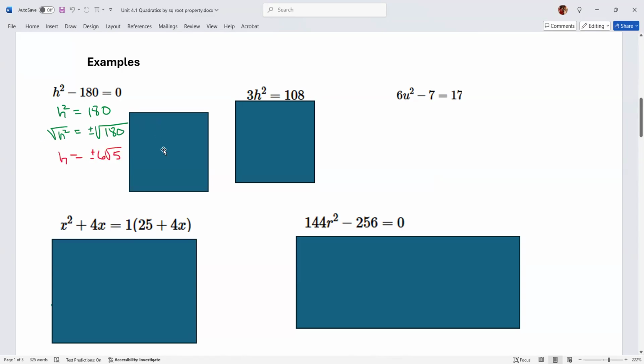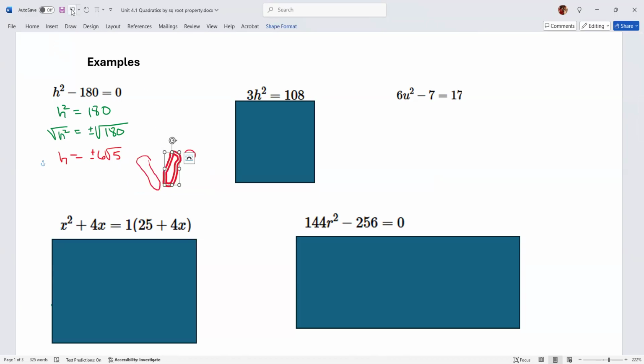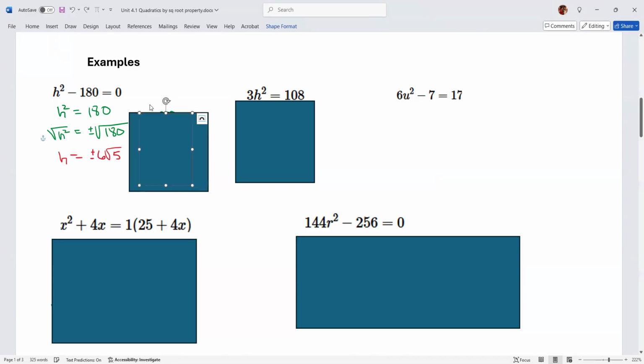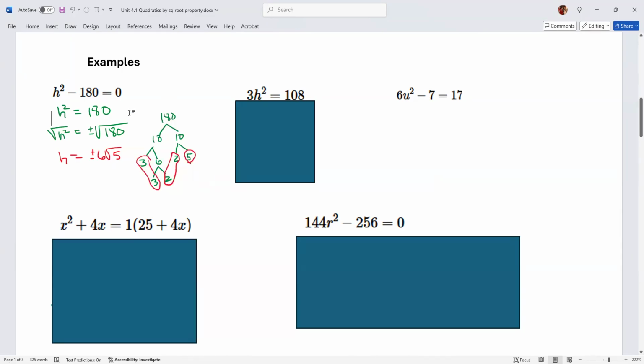Now, this is from last chapter, but just for the sake of review, let me show you that if you're not sure how to break that down, you can always, oh, I lost something. Let me pull this back. Let me redo that. So here's 180, and we break it down into prime factors.